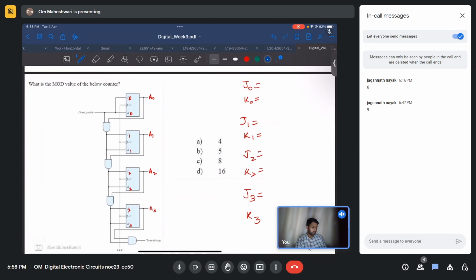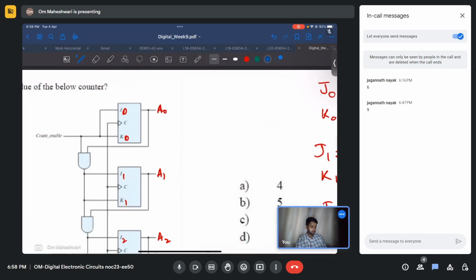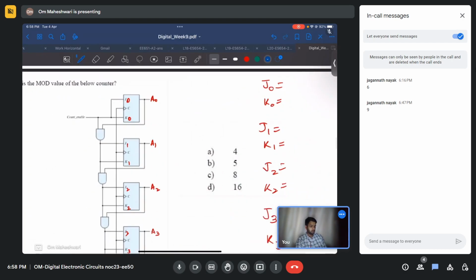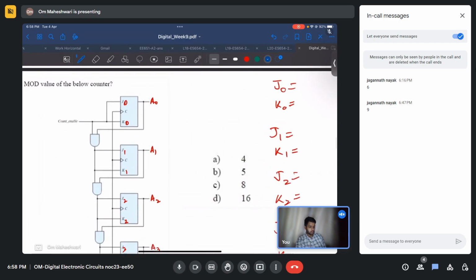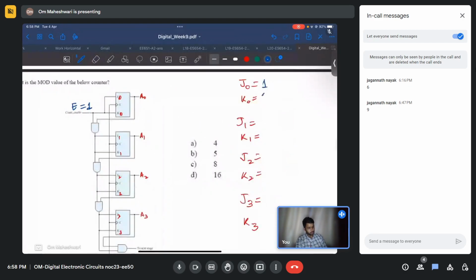So J0, K0 is, let us call it count enable, E. Its input is E, enable, and E is always equal to 1 to run the circuit. So J0, K0 is 1, 1.